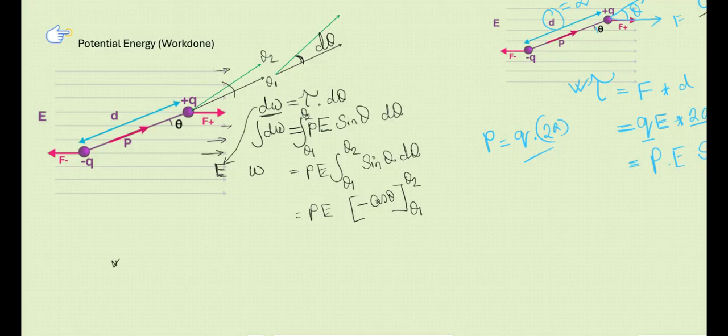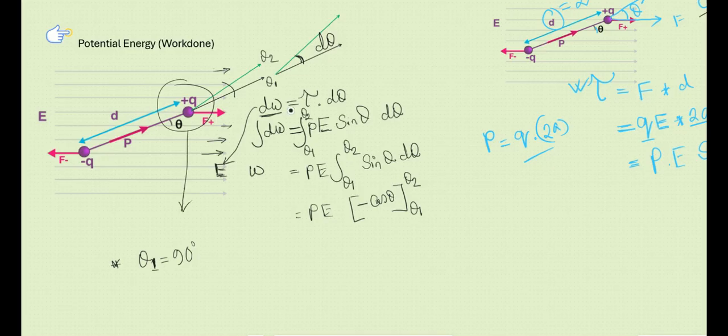Now if we say initially the dipole is oriented perpendicular to the direction of the electric field, it means theta 1 is equal to 90 degrees, though this figure is not absolute for this condition actually.